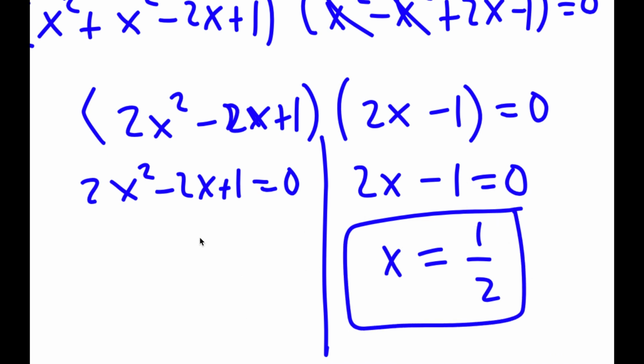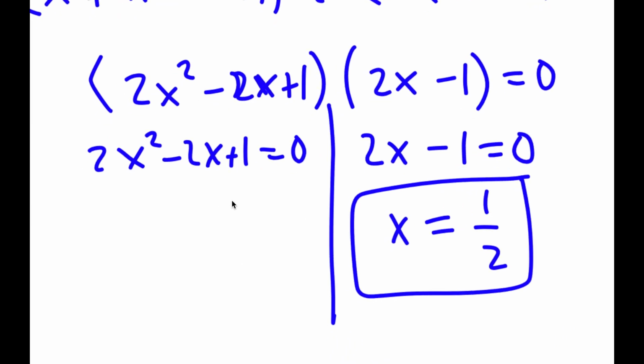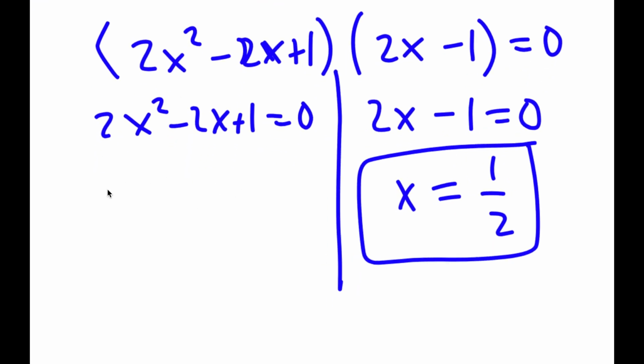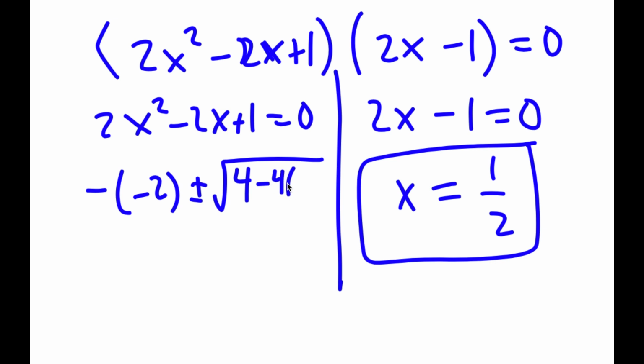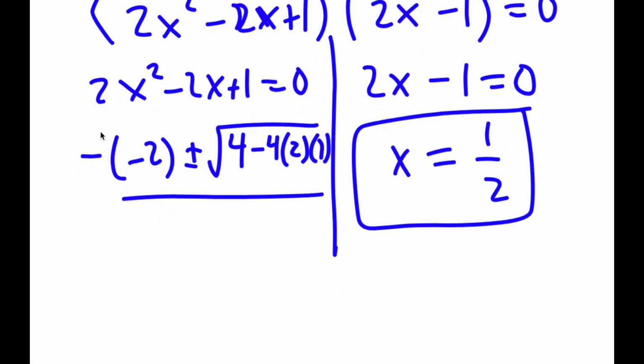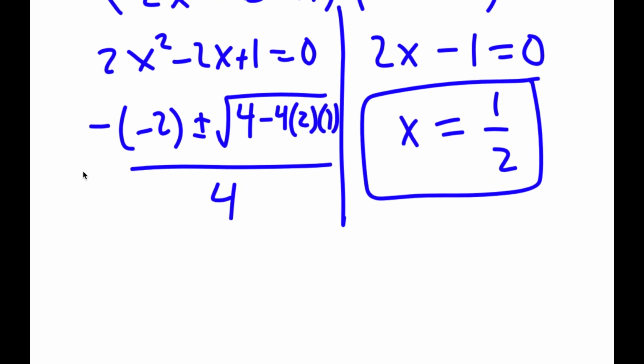That's a simple equation. And now for 2x squared minus 2x plus 1, we're going to use the quadratic formula, which is negative b. So negative of negative 2 plus or minus the square root of b squared, negative 2 squared, which is 4, minus 4 times a, which is 2, times c, which is 1. And all of this over 2a, so 2 times 2, which is 4.